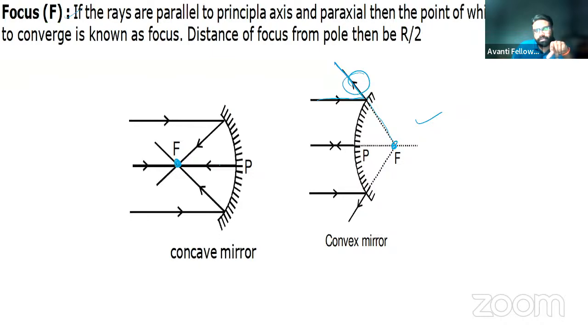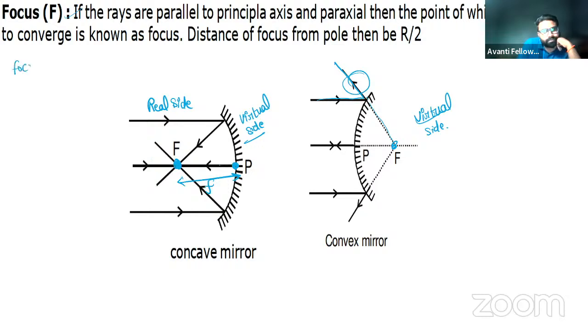So for a concave mirror, the focus is on the real side, this side is the real side, and this side of the mirror is the virtual side, which does not exist. For a convex mirror, the focus appears on the virtual side. Clear? The length from the pole to the focus is termed the focal length.